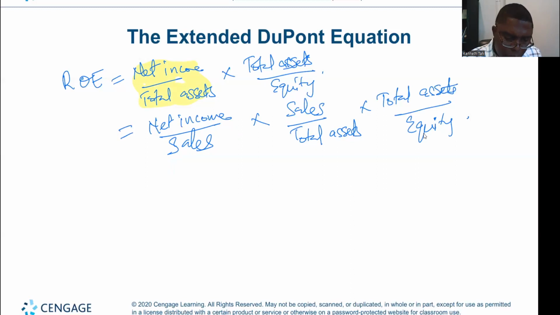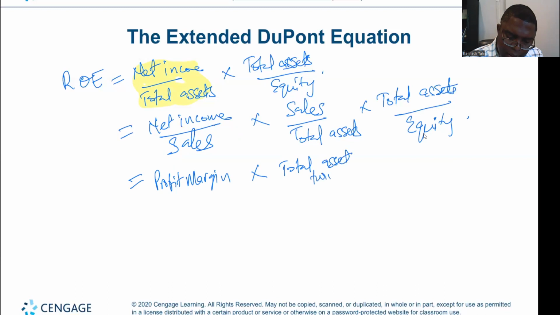If we go back to the computation, net income divided by sales is what we call our profit margin, times sales divided by total assets, which is our total asset turnover, and then total assets divided by equity is what we call the equity multiplier.